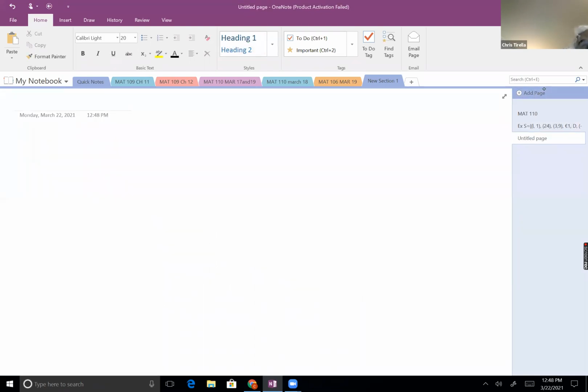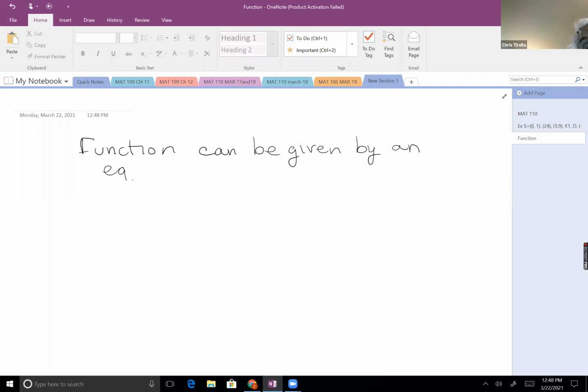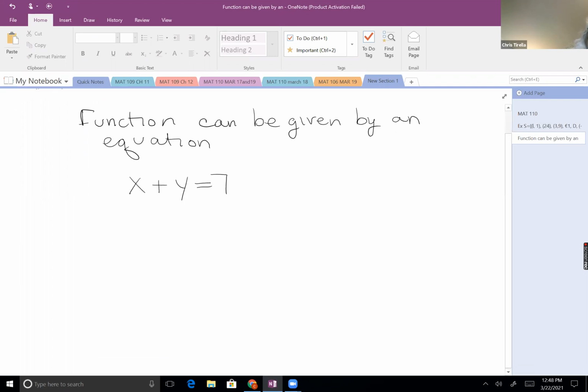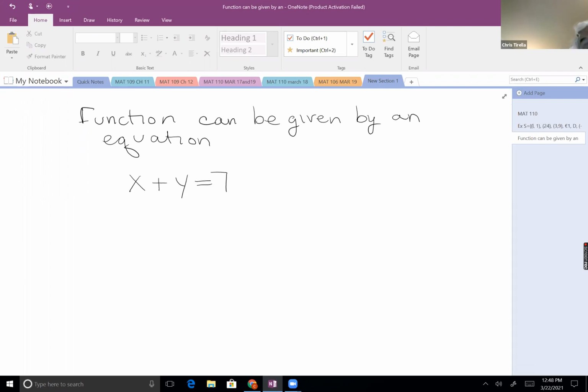Then sometimes a function can be given by an equation. And I might have something like x plus y is equal to 7. We could think of this as y is equal to 7 minus x.